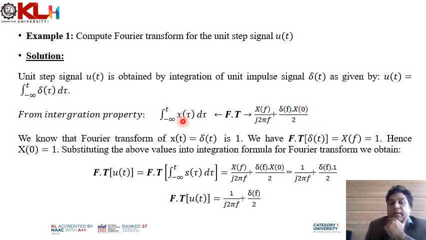We are going to get the Fourier transform of u of t, which is the integral of delta tau d tau, as 1 divided by j 2 pi f plus delta f into X of 0. X of 0 is also 1, divided by 2. So the Fourier transform of u of t is simply 1 by j 2 pi f plus delta f by 2.